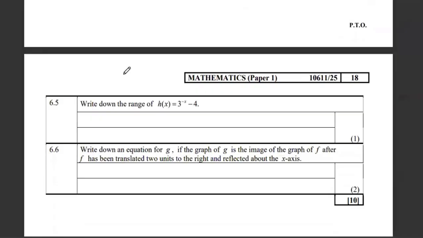All right, then write the range of this function. Okay, so it's a 3 to the negative x, then we minus 4. What is happening? So the original graph of f, it's being reflected about the y-axis, okay?